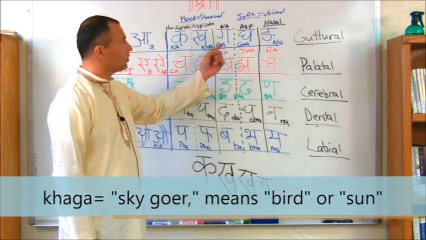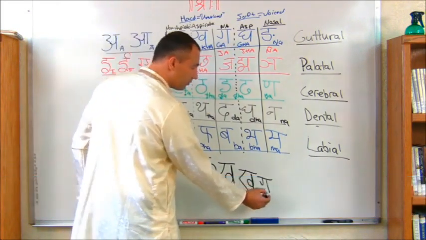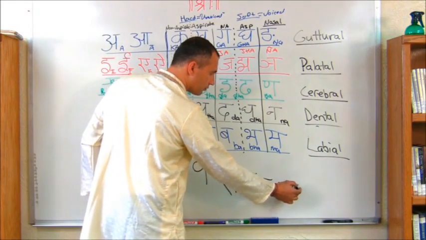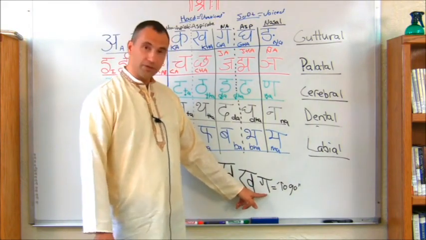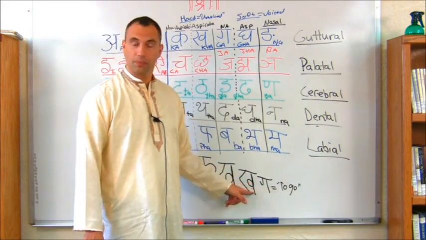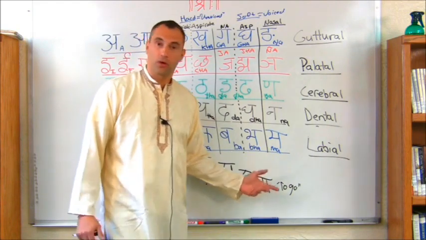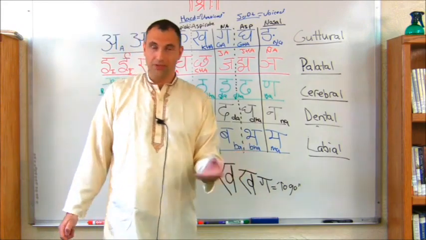Well, ga is our next letter. Ga literally means to go. Okay? So kha, ga is something that goes through space, goes through the sky. Okay? So a bird, in Sanskrit, the word for a bird, among others, is Khaga.